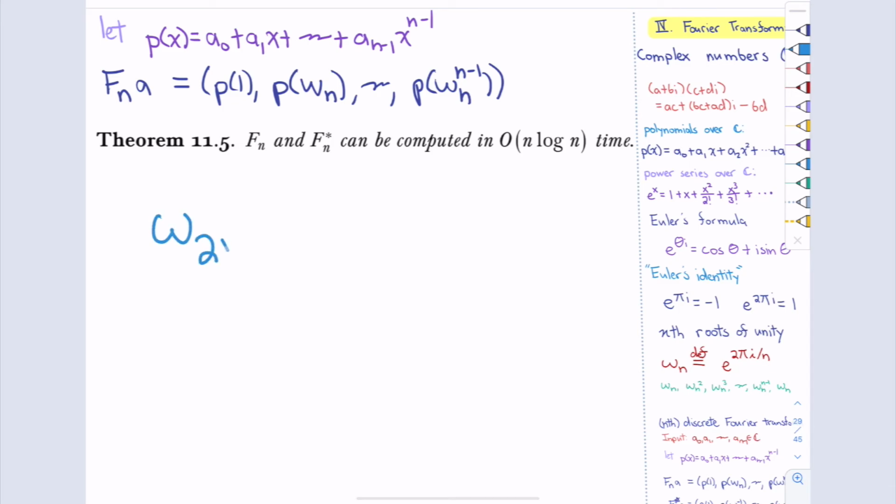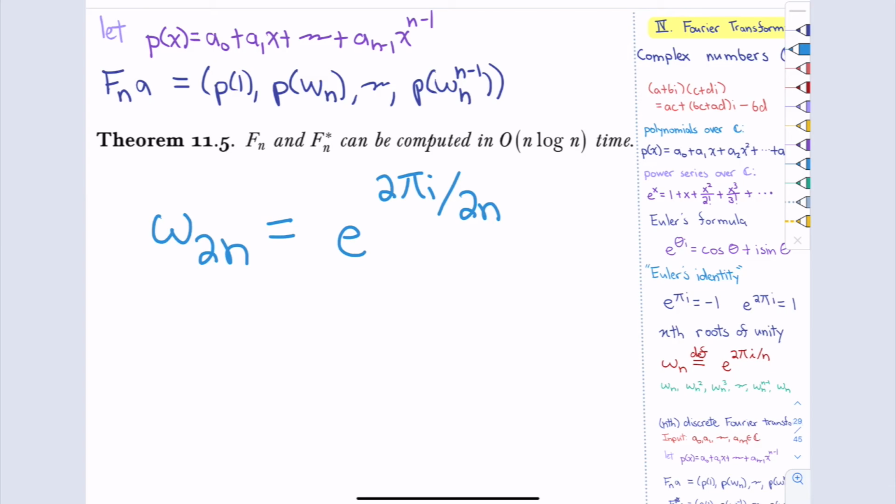Omega, the 2nth root of unity, if you remember the definition, was e to the 2 pi i divided by 2n. Why? Because if you take it to the 2nth power, you get e to the 2 pi i. That represents one rotation. That's 1.